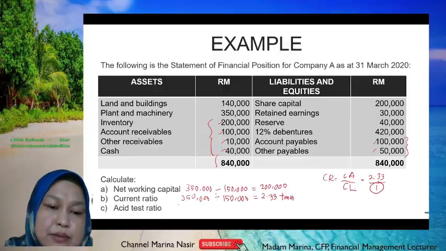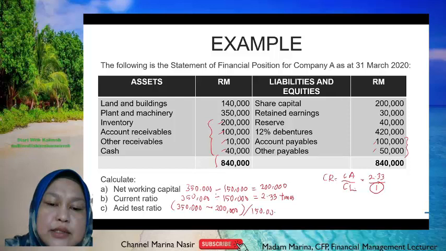So for current asset we have 350,000 minus inventory 200,000, divided by 150,000 for current liability. So our answer is 1 times. Our quick ratio, quick asset divided by current liabilities, equals 1.0 over 1.